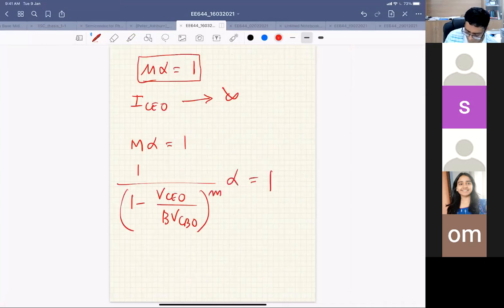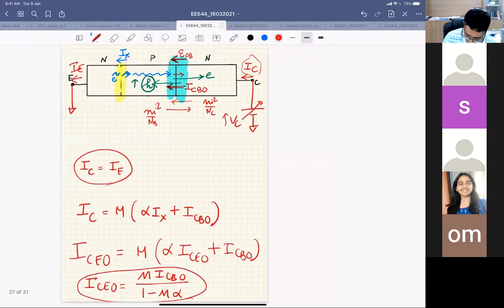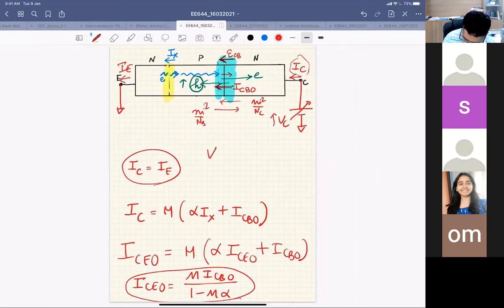Why have I written it like this? When we are applying BVCE, your collector-emitter voltage VCE is nothing but VCB plus VBE, right?